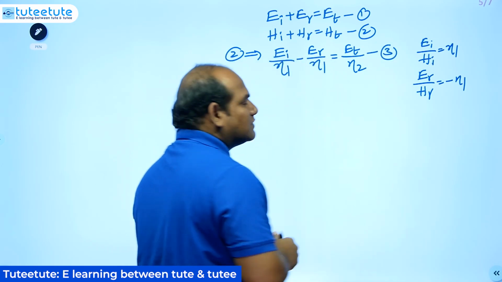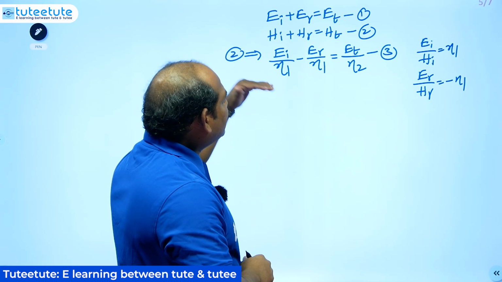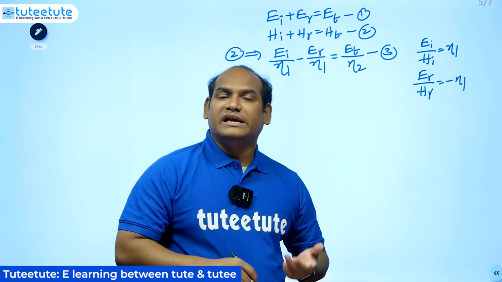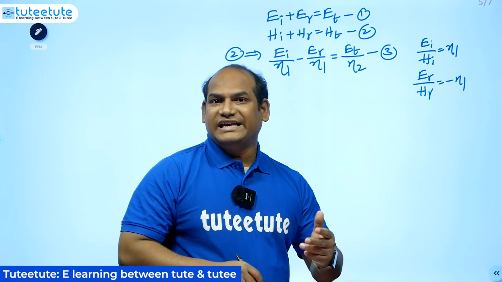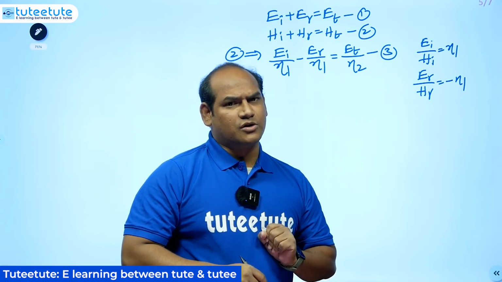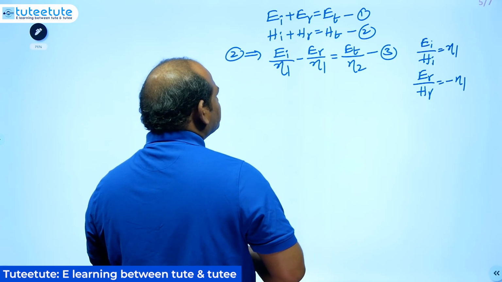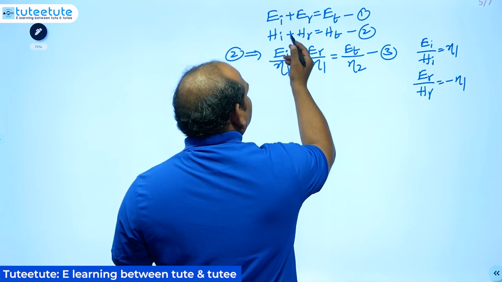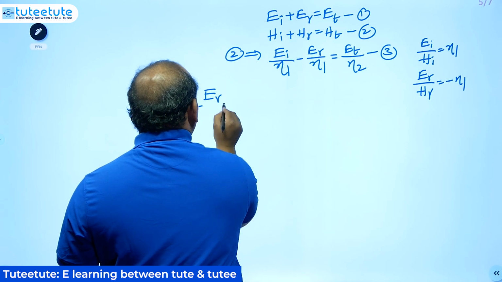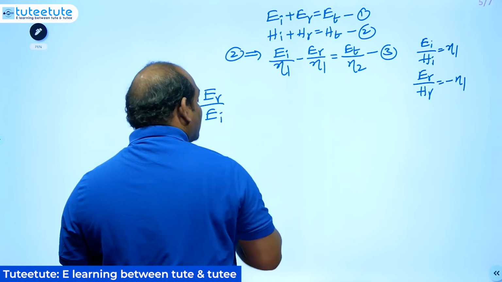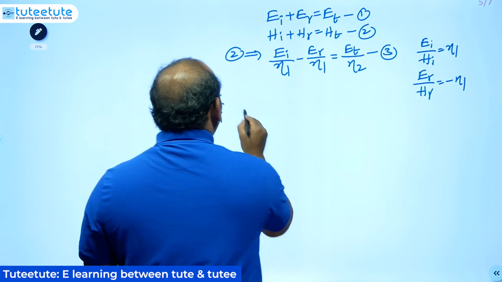Now we have to solve. Using equation 1 and 3, we can get the ratio of ER and EI, that is one ratio, and the second ratio is ET and EI. Those things we have to get. If you want the ratio ER by EI, we need to eliminate ET. So what we need to do?